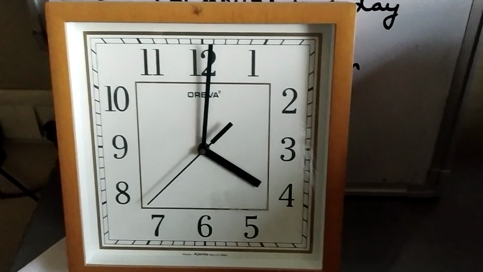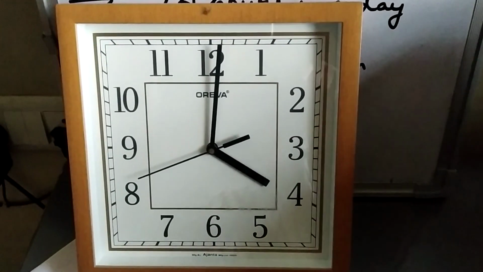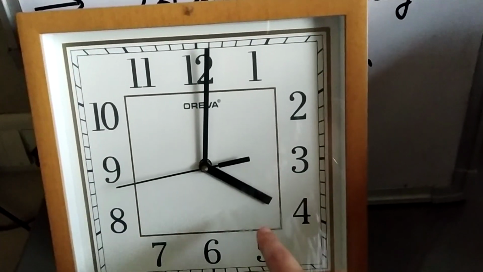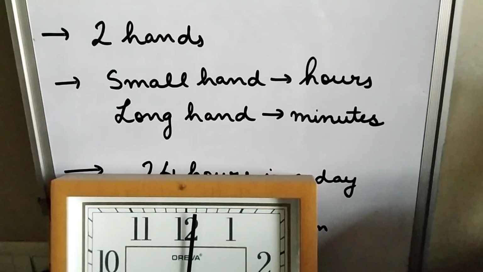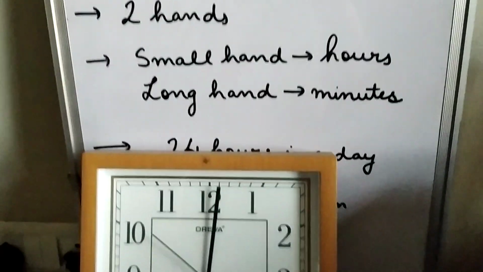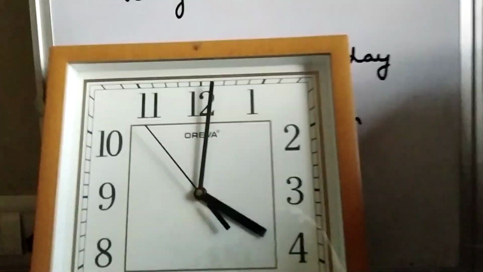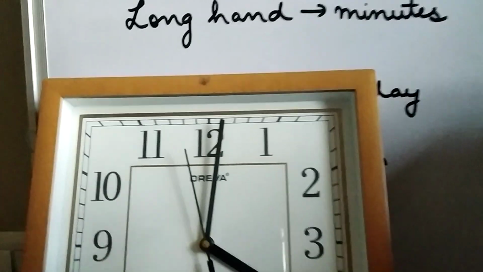The long hand means minutes and the short hand means hour. This is the hour hand and this is the minute hand. Like I have written on the whiteboard also children, we have two hands in a clock. This is the long hand and this is the short hand.